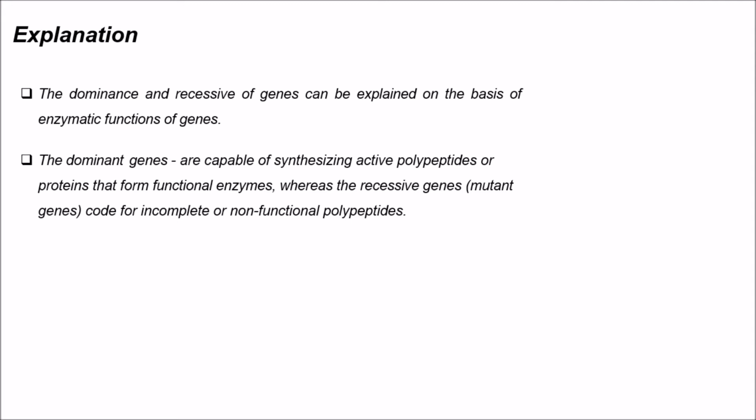There are two types of genes which we are discussing here. One is dominant genes and the other is recessive genes. Dominant genes are able to synthesize active polypeptides or proteins that form functional enzymes, and recessive genes code for incomplete or non-functional polypeptides. This is the reason why dominant genes are exhibited and recessive genes are dormant.